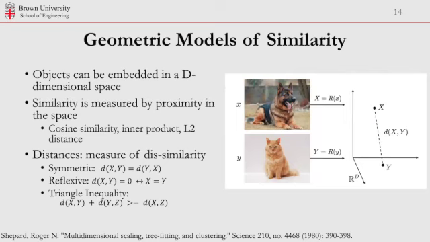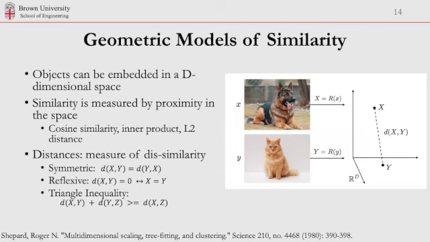On the other hand, you have these geometric models of similarity, and this goes back to Shepard, 1980. This theorized that objects could be represented in a high dimensional space, in a multidimensional space. And by embedding these objects in this space, now you can measure similarity based on proximity. So that's measures like cosine similarity, Euclidean distance, inner product.